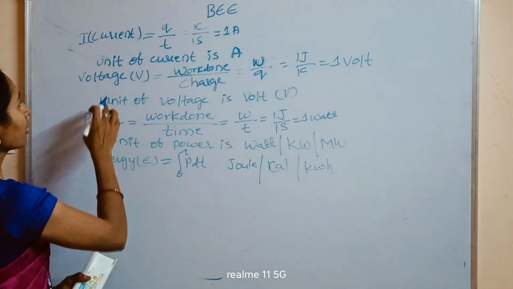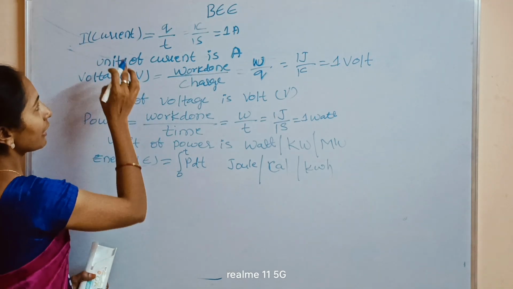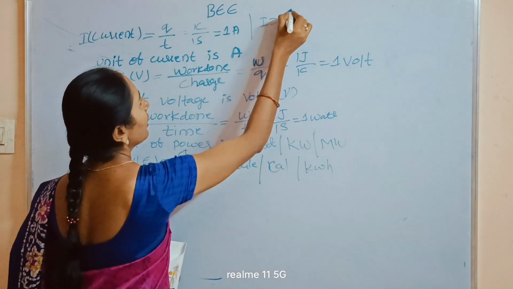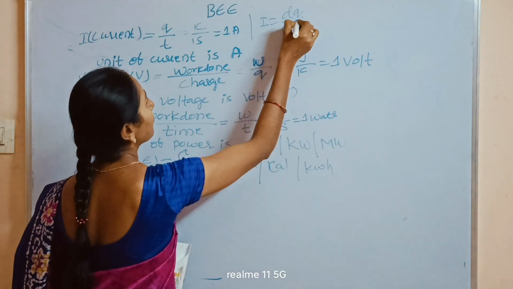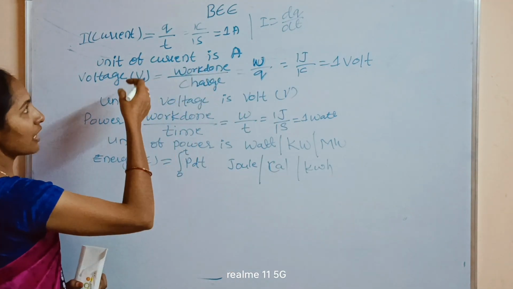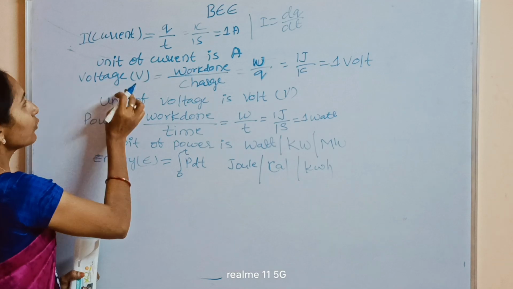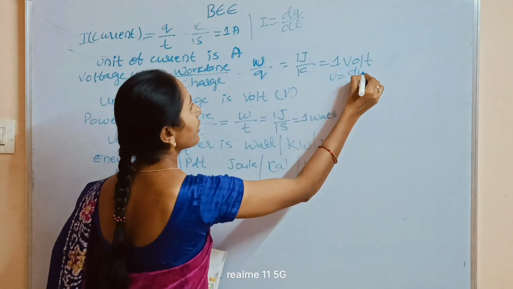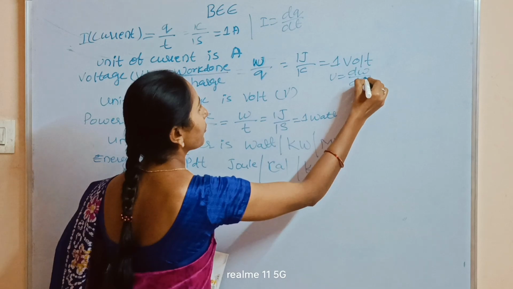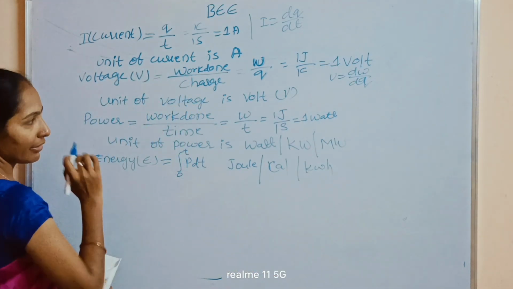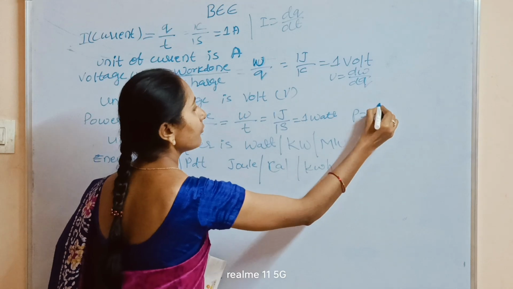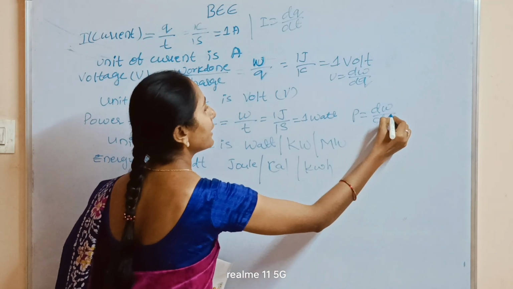Now coming to current, we can write it as I equals dq by dt, change in charge per change in time. Voltage we can write as V equals dW by dq. And power, P equals dW by dt.